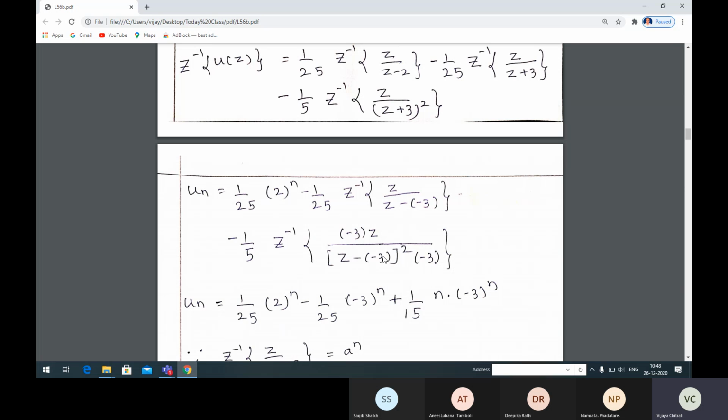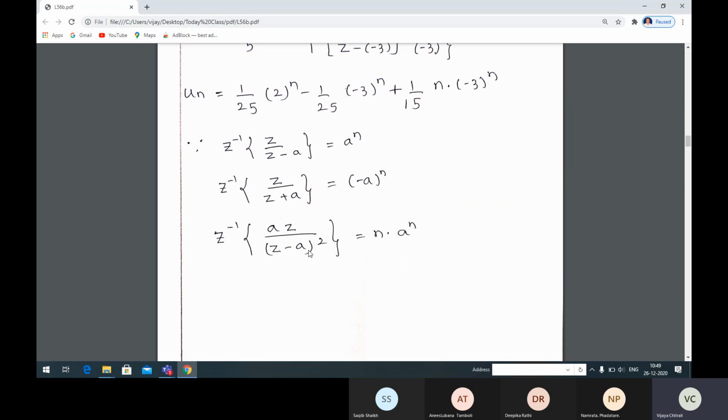So in the denominator make it z minus a, so writing this plus as minus of minus 3, z minus of minus 3 raised to 2. And in the numerator I need a z, where a is minus 3. We have only z term, so multiply by minus 3 and divide by minus 3, because we have a standard result.